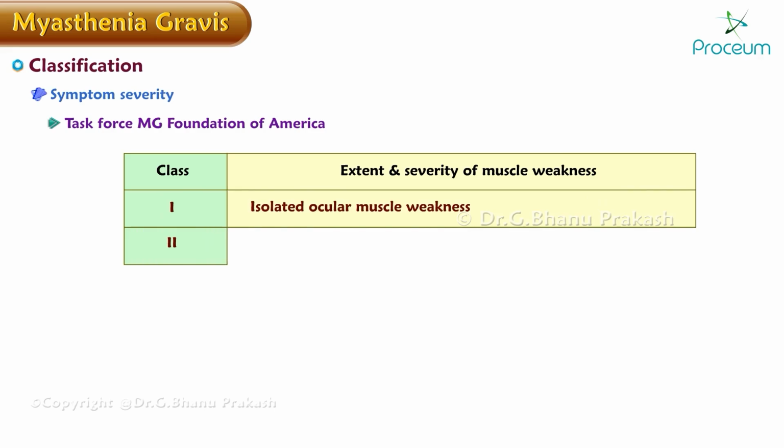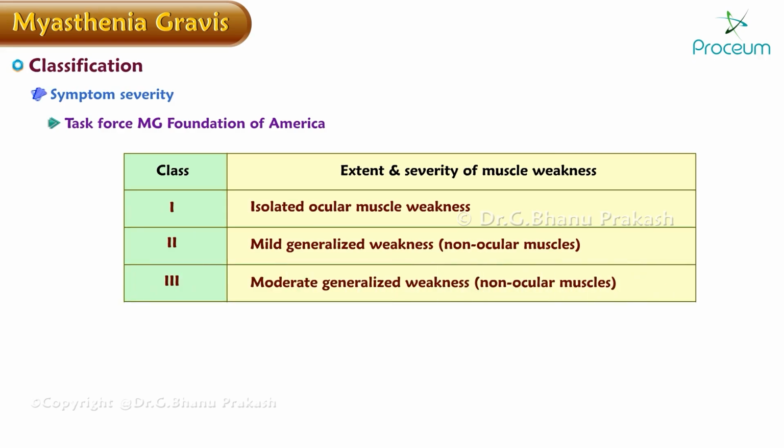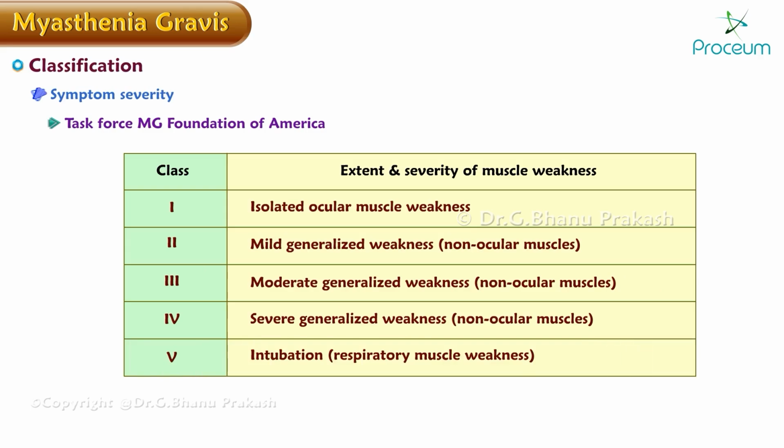Class 2. Mild generalized weakness involving non-ocular muscles. Class 3. Moderate generalized weakness involving non-ocular muscles. Class 4. Severe generalized weakness involving non-ocular muscles. Class 5. Intubation due to respiratory muscle weakness.